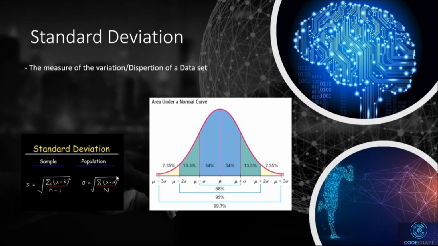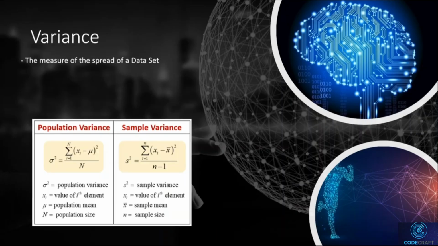The only difference is that you have a square root. The variance is simply the standard deviation multiplied by itself, but at the end of the day, it gives us the same measure. It measures the spread of a certain data set. This is really important to understand.